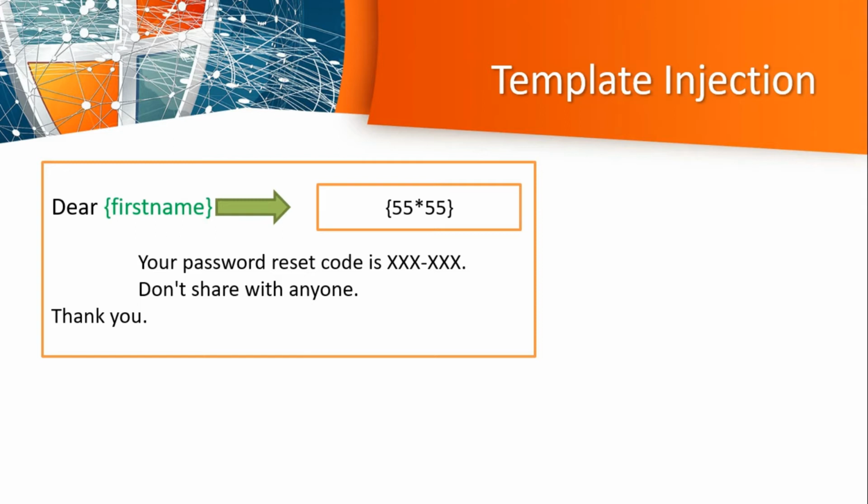The first name input is rendered through the template engine, which processes whatever input is given by the user. So this is the basic payload, 55 into 55, 2 into 3. I will give you the practical, so you will get a better understanding.